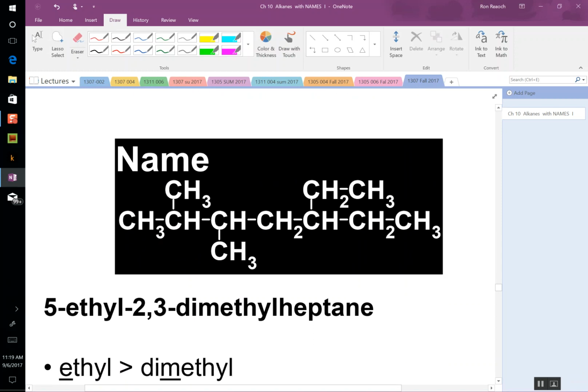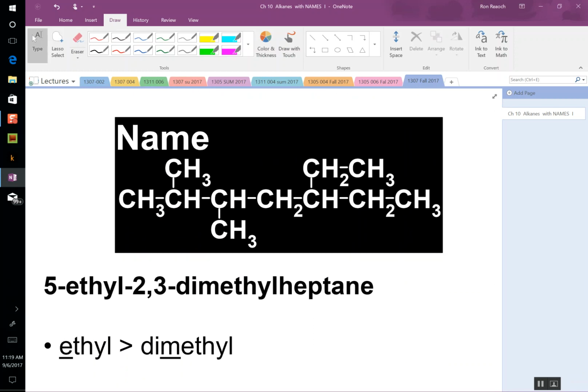Okay, just a couple real quick examples, and we'll go on because we need to cover isomers and other things. 1, 2, 3, 4, 5, 6, 7. Here's another case where it doesn't matter whether I go up there or down here. Remember, when you find your longest chain, that gives you your parent name, heptane.